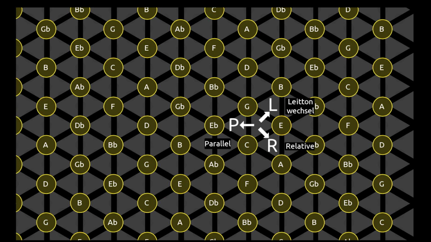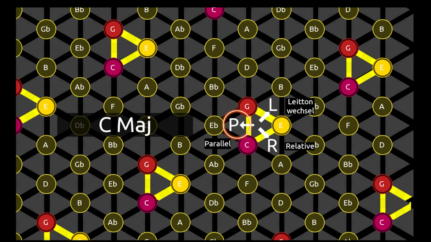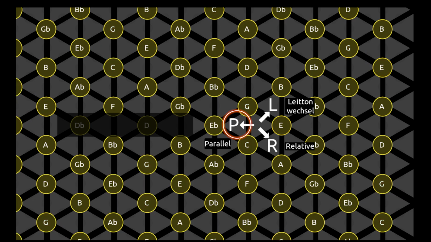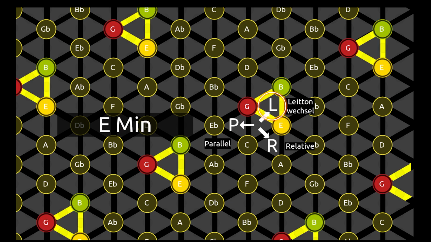There are three key transformations: P, L and R. P for parallel switches a major triad to its parallel minor, for example C major to C minor, and vice versa. The L, which stands for Leittonwechsel, leading tone exchange, replaces the root with the leading tone.